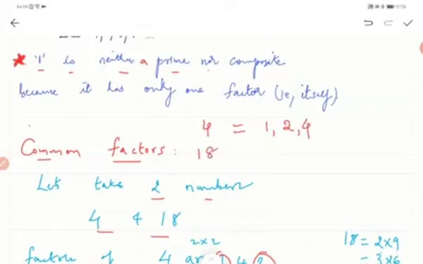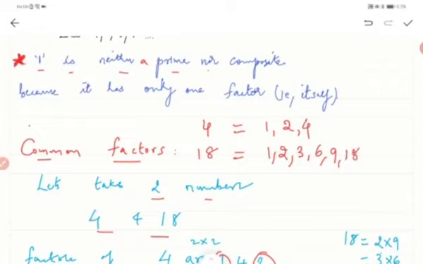What about 18? The factors of 18 are 1. 2 also, you will get this. In the 3 table also you will get this: 3 6s are 18, isn't it? 4, no. 5, no. 6 3s are 18. 7, 8, no. 9 2s are 18. 10, 11, 12, no. 13, 14, 15, 16, no. And at last you get 18.